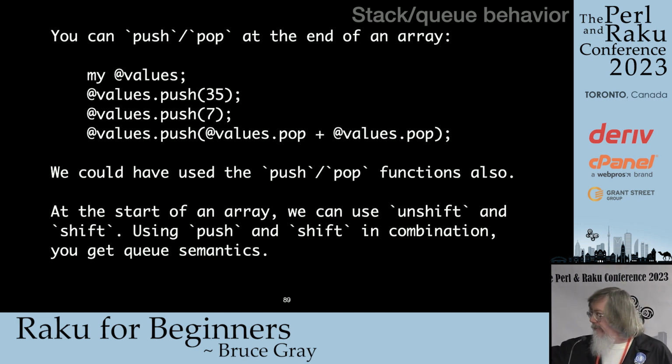If you want to work on the front of an array, you use unshift and shift. If you use push and shift together, and that's all you use, you get queue semantics. If you use push and pop together and only those, you get stack semantics. We also have, I don't have a slide, but we have dot head, dot tail, and dot skip, which you can achieve the same thing using just regular references, but head and skip work with infinite lists, with lazy lists, and so it's very useful for that.